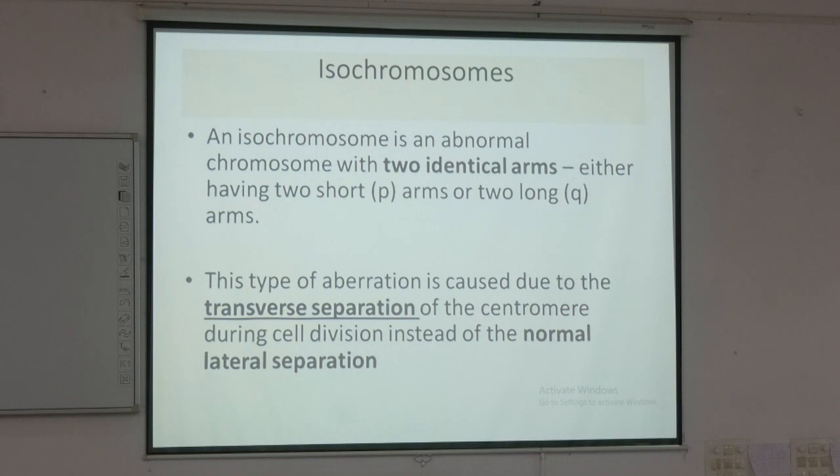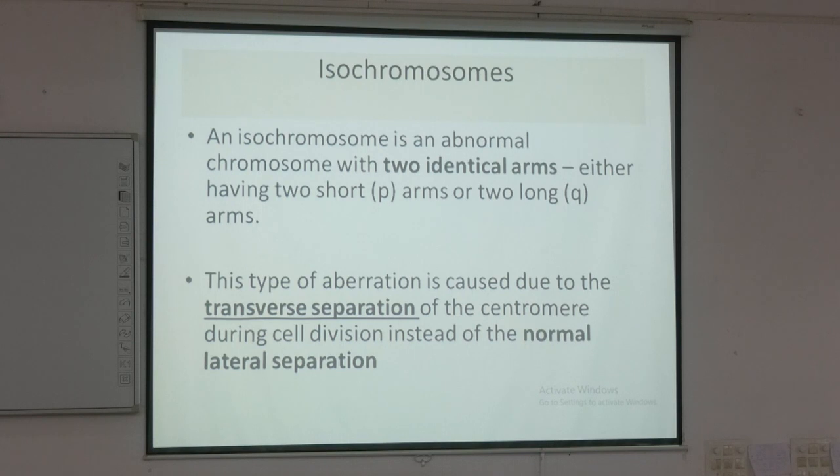So we have a separation of the chromosomes taking place and moving apart to the different poles of the cell during the separation phase of cell division. Now this separation of the chromosome normally happens with the breakage of the centromere laterally. So we have a lateral split and then it is moving out.